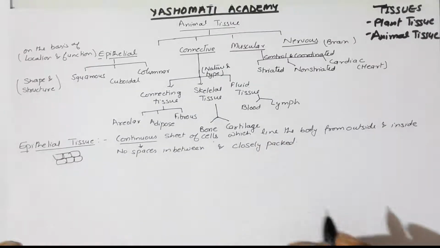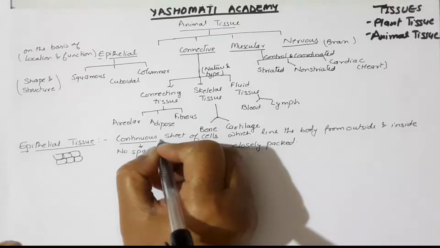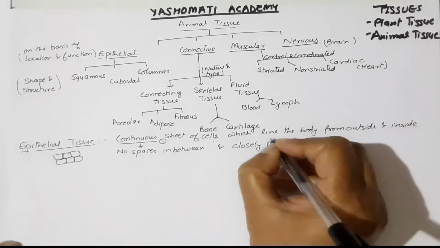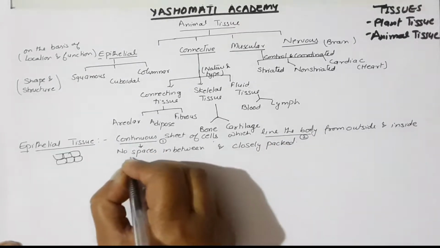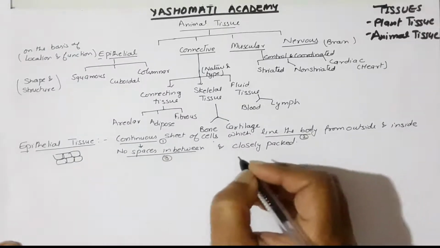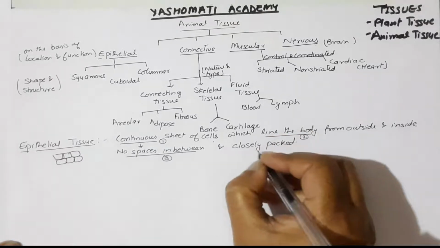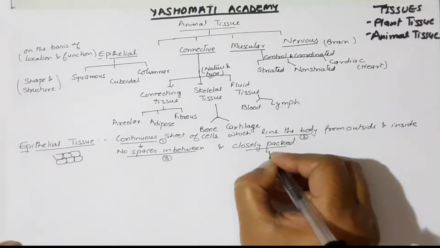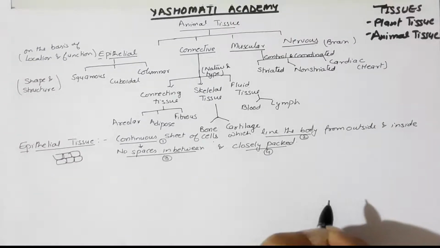So what characteristics have we studied? One, that they are a continuous sheet. Second, they line the body from outside and inside. There are no spaces in between them, that means no intercellular spaces. Intercellular means in between the cells, and they are closely packed. So these are four characteristic features of epithelial tissue.